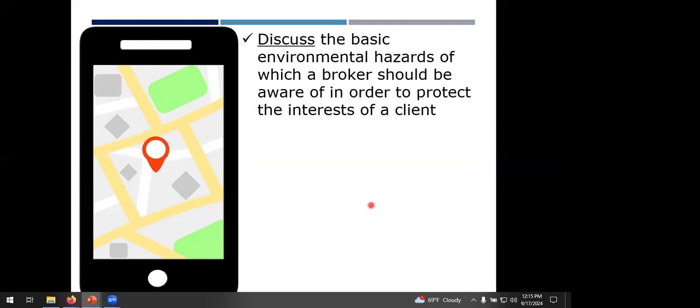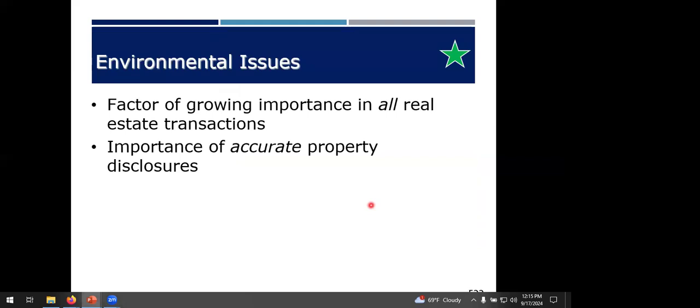So first off, we need to talk about just environmental issues overall, the big picture. Environmental issues are of importance in real estate because environmental issues affect people. People buy real estate. So thus it's all combined. It all comes together.